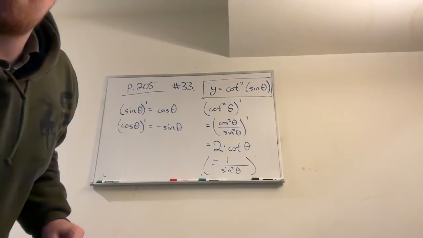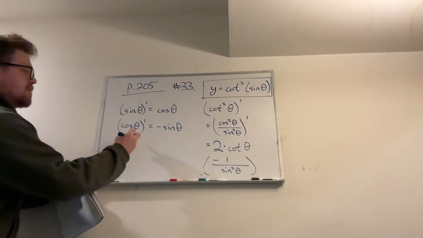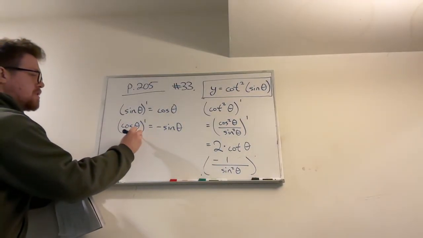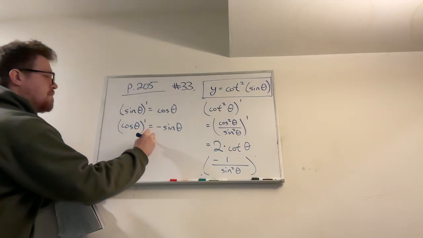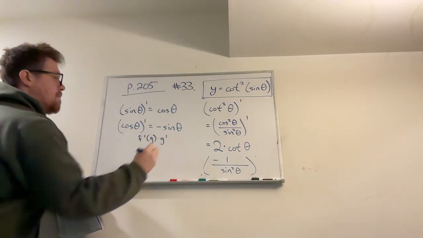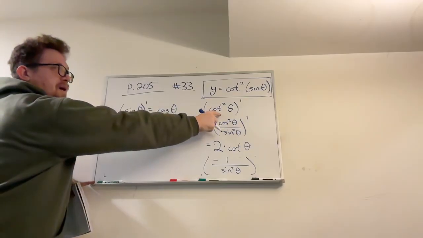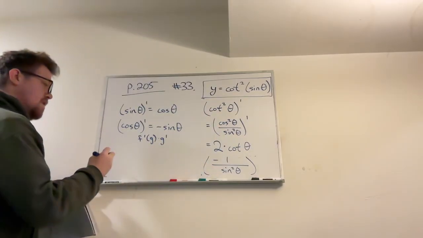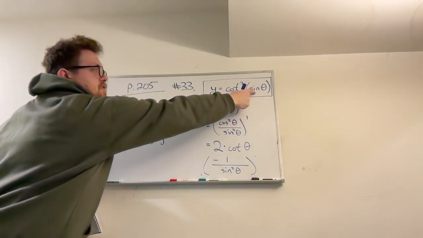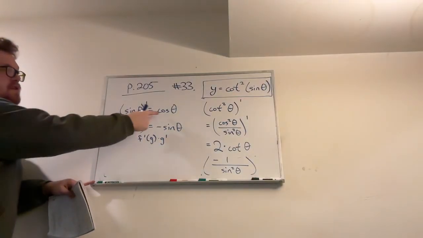Actually, let me rewrite what we're actually doing here. So we're using the chain rule. Chain rule says that it's f prime of g times g prime. We just found the derivative of f. We found f prime, which was this. And we know what g is, so we know what the derivative of g is, which is cosine.